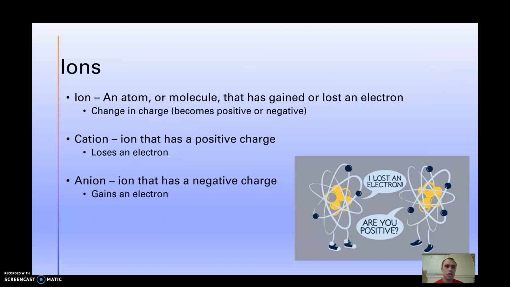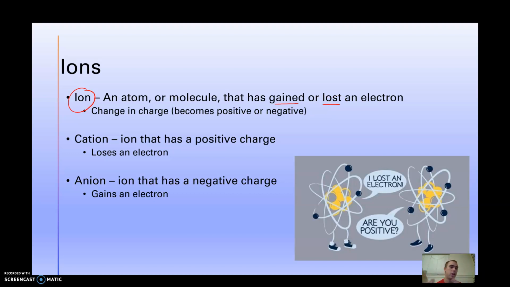Let's talk just about ions for a sec. We mentioned earlier that ions have a charge, and that charge, becoming a positive or a negative, is because we gain or lose electrons. We do not gain or lose protons.